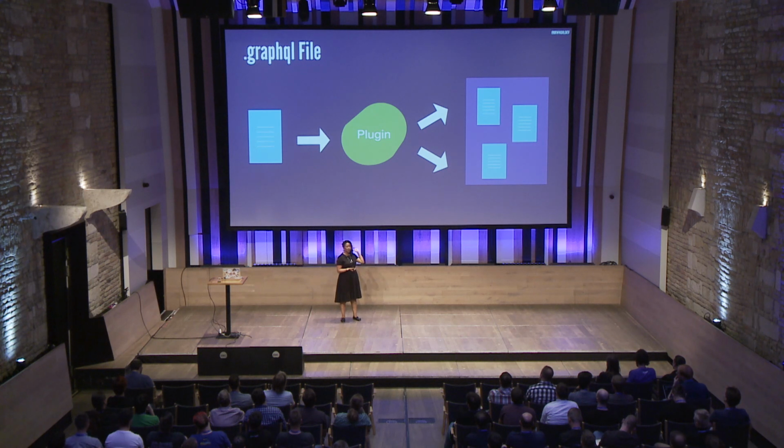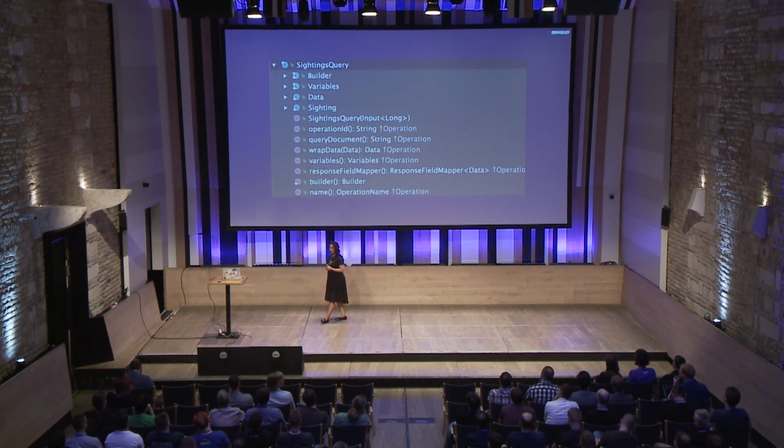It's just going to take what it reads from the schema.json and the query you've created in your .graphql file, and it's going to create everything you need to make requests and parse those requests, which is really nice.